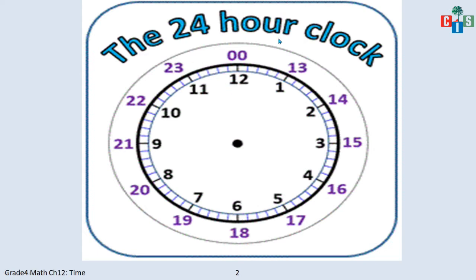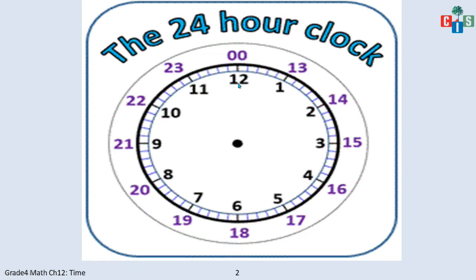Let's see that. Now you know that after 12 it's 1, 2, 3, 4, 5, 6, 7, 8, 9, 10, 11, then 12, then it will be 13. As you observe this figure, you have two clocks. One is in the internal portion and the other is in the outer portion, which is written in purple.